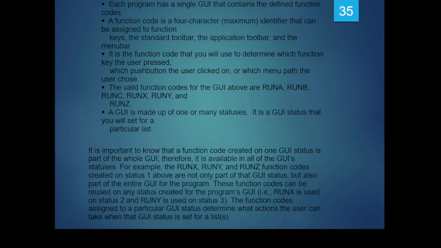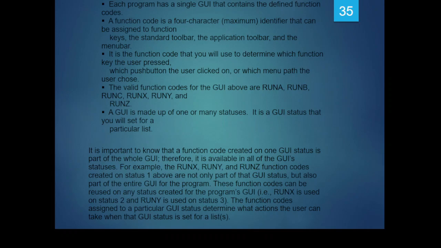It is a GUI status that you will set for a particular list. It is important to know that a function created on one GUI status is part of the whole GUI. Therefore, it is available in all of the GUI statuses. For example, the run X, run Y, and run Z function codes created on status 1 above are not only part of that GUI status but also part of the entire GUI for the program.